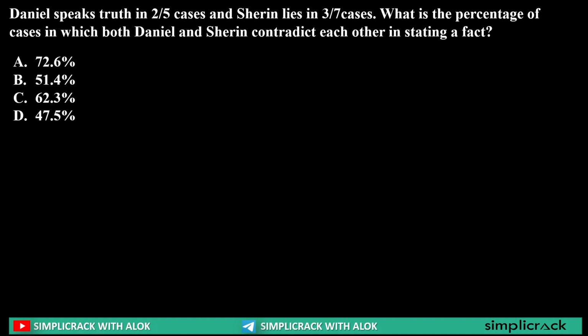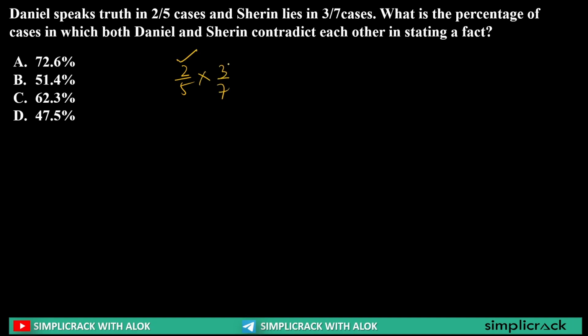Daniel speaks truth. See, again, quite interesting question. Daniel speaks truth in 2 by 5 cases. Celine lies in 3 by 7 cases. What is the percentage of the cases in which Daniel and Celine contradict each other? First thing, whenever contradict comes, we will take one is telling the truth and the other is lying.